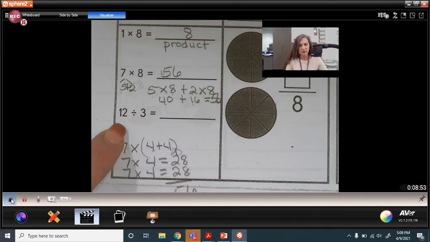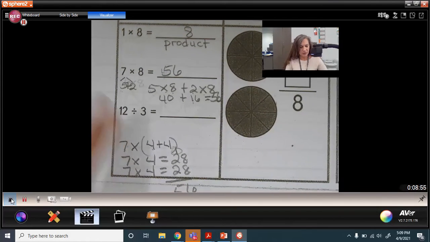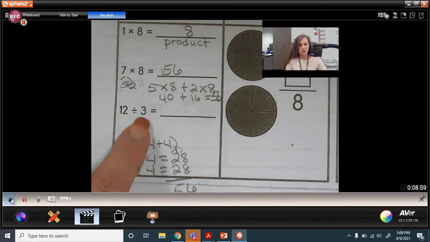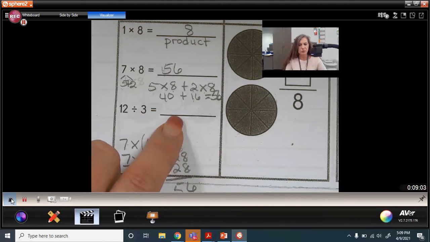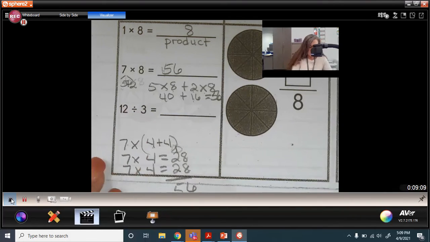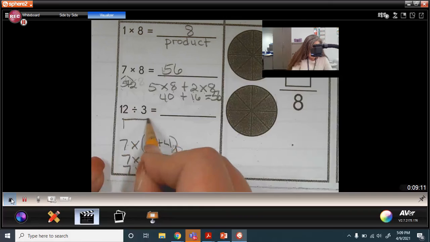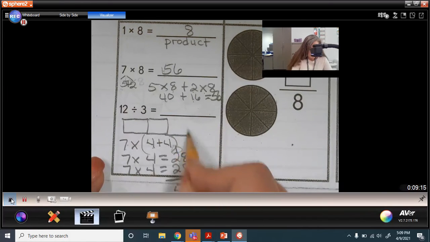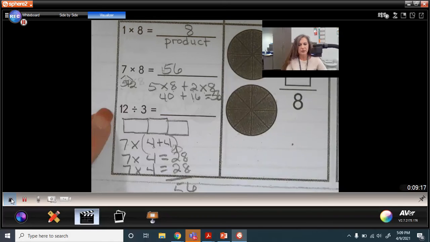It's division. Remember, division is when you take the total objects and break them up into groups, and you look for how many groups you have or the number in each group, depending on how you use this divisor. So let's talk about using 3 groups and breaking up these 12 equally into 3 groups.